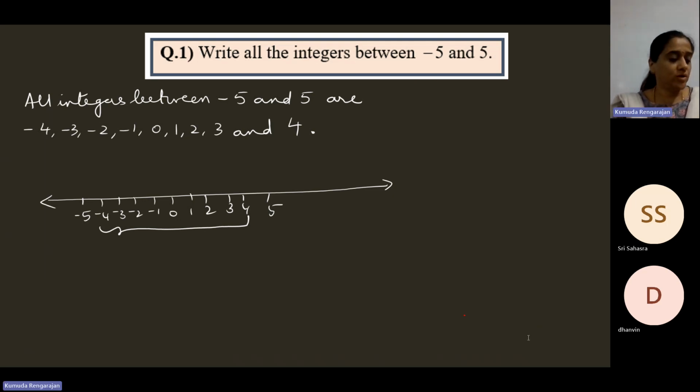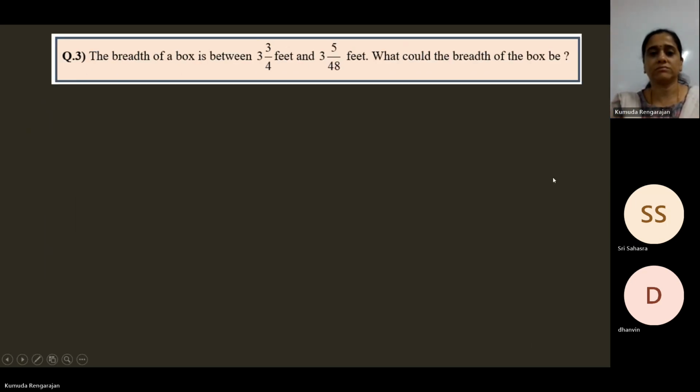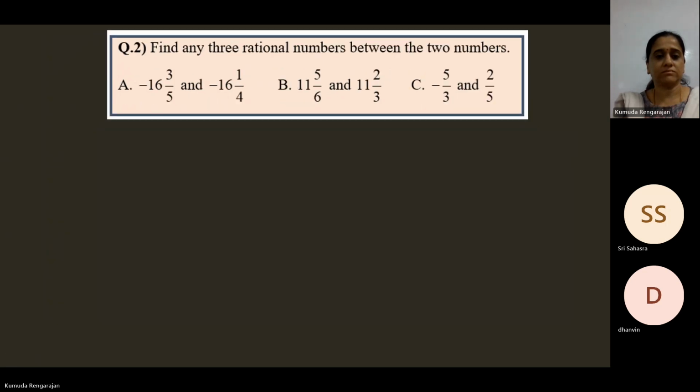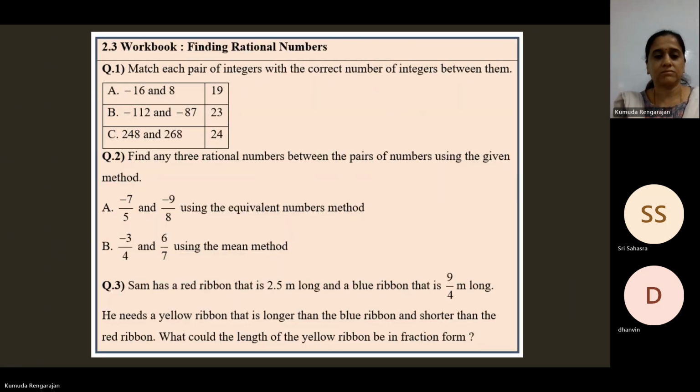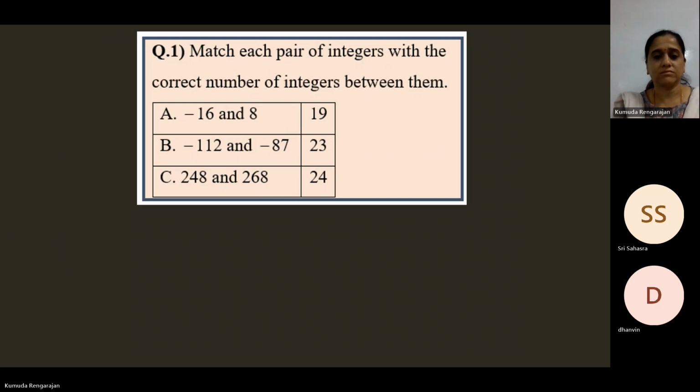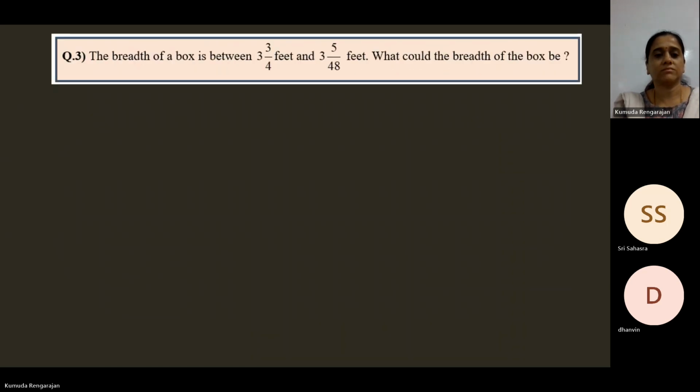The number line is just for you to understand. Finished? Okay.